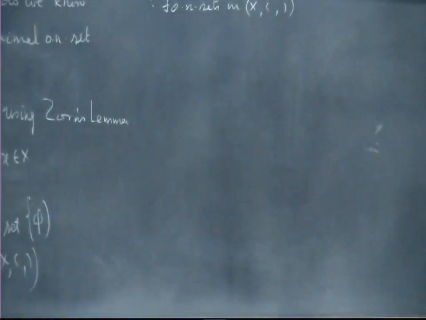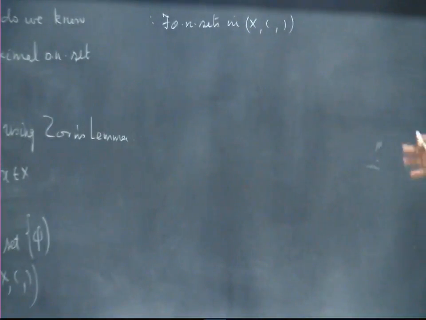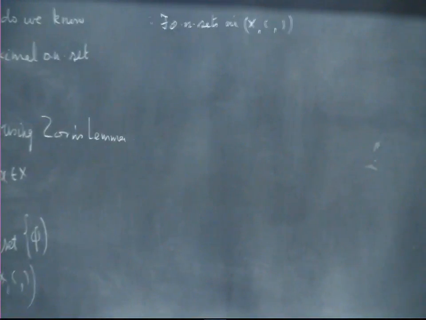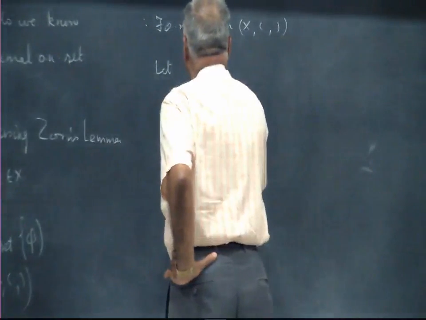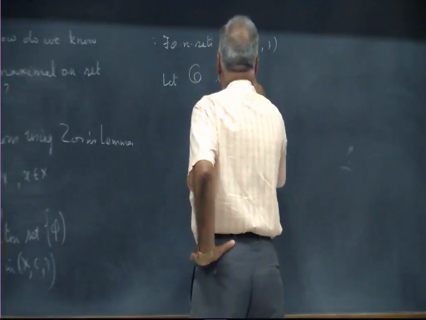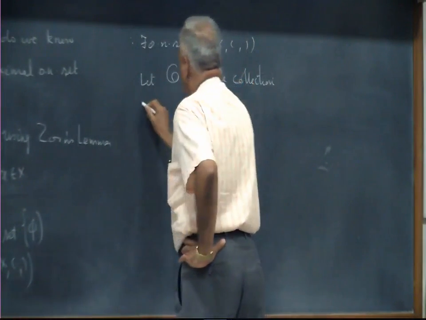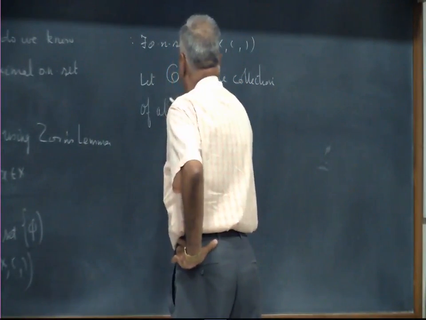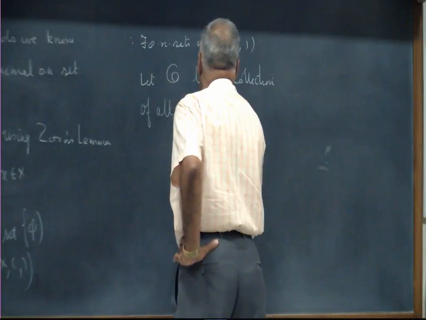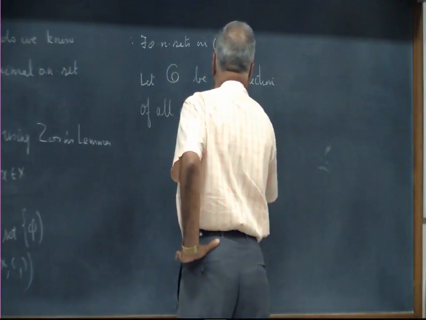That is the first thing. Then we take all the possible orthonormal sets. So, let O be the collection of all orthonormal sets in that space.